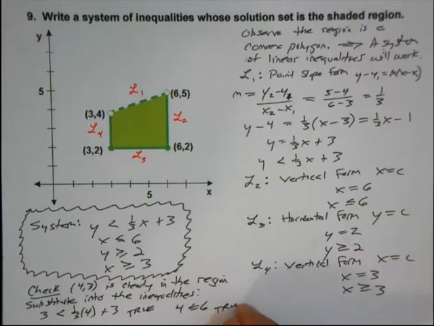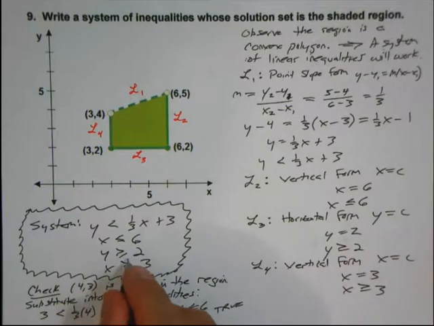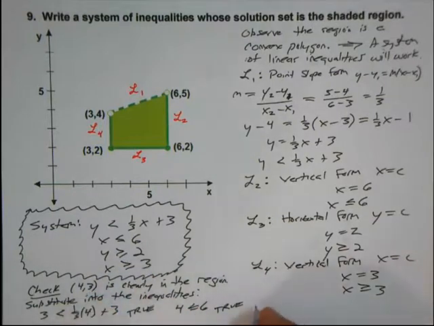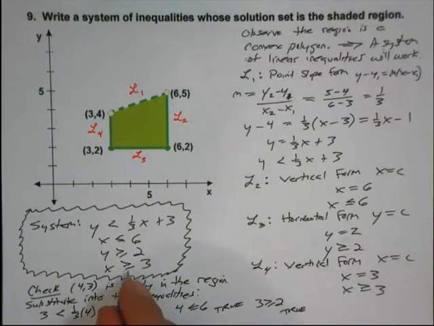True. Okay, third inequality. Y greater than or equal to 2, meaning that substitutes in with a 3 for the y. 3 greater than or equal to 2. True. And lastly, x greater than or equal to 3. The x is 4. 4 greater than or equal to 3. True.